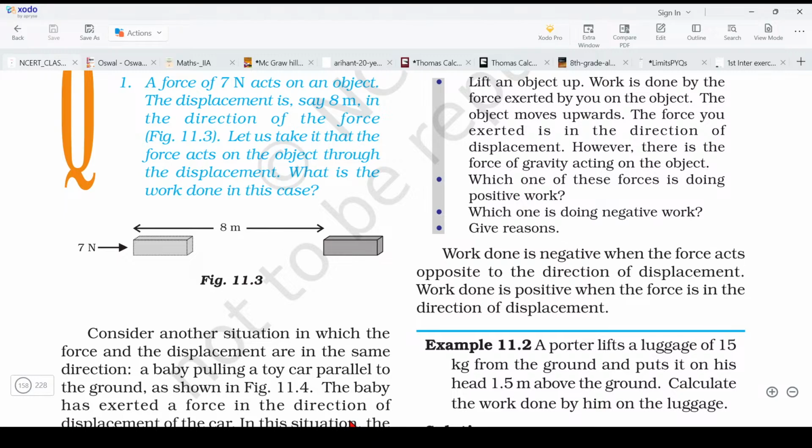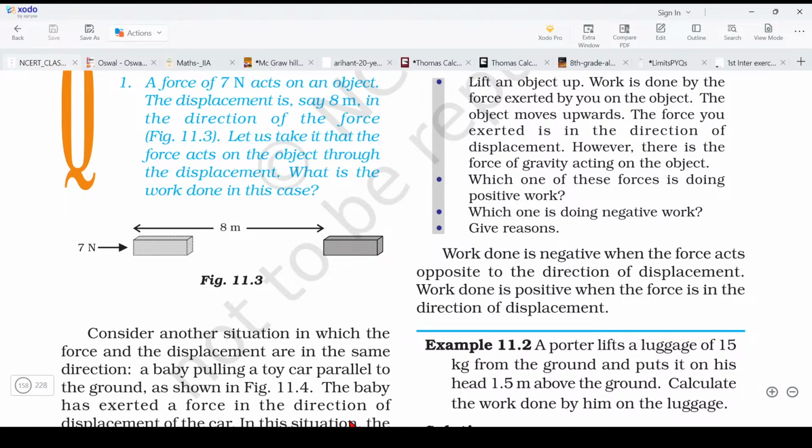Kg meter per second square. What is the unit of weight? Newton. Weight is force. Mass is kg. Mass is a measure of inertia. Very good. Excellent.